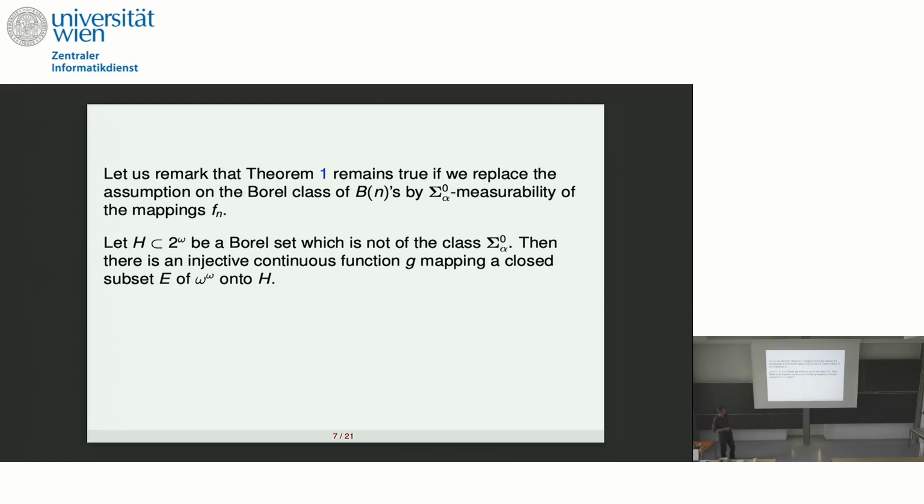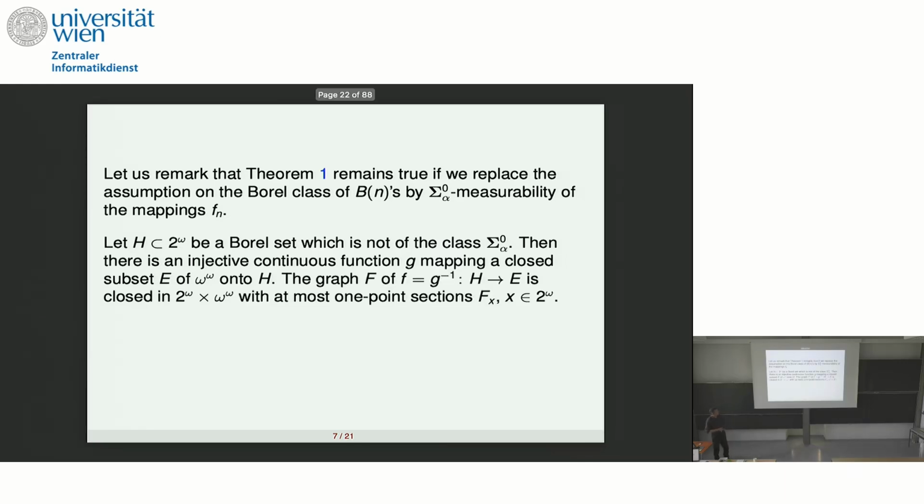Then by a standard result, there is an injective continuous function G mapping a closed subset E of the Baire space onto H. And so we consider the graph F of the inverse mapping, which goes from H to E. Since E is closed and G is continuous, this graph is closed, with at most one point sections Fx because of continuity.